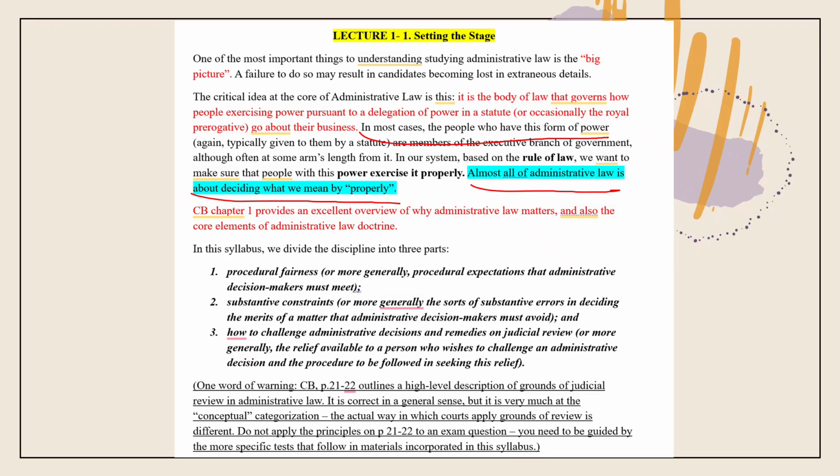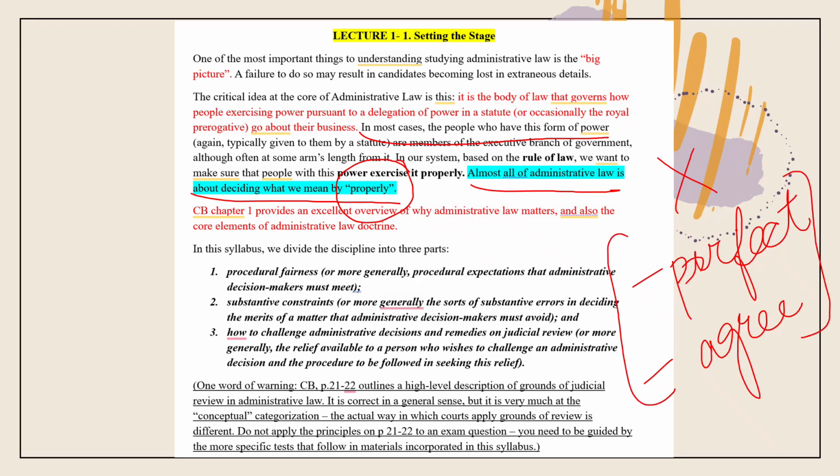Almost all of administrative law is about deciding what we mean by properly. This is what the examiner would expect you to decide: whether so and so delegated power has been used by that particular person or body properly or not. Properly does not always mean that the decision must be perfect. The court must agree to it.